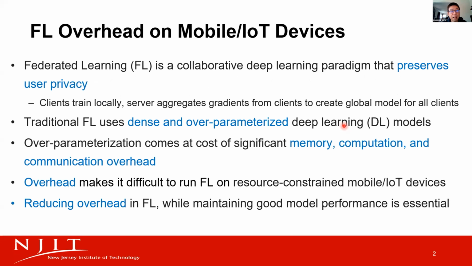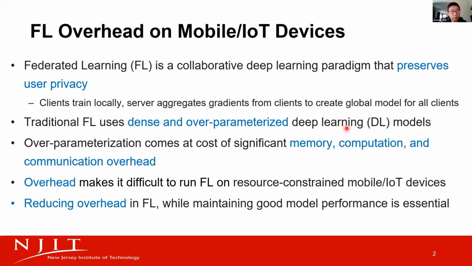So as we know, federated learning preserves privacy by training locally on clients. In traditional federated learning, we use dense and over-parameterized deep learning models, and this is because more over-parameterized models are easier to train.